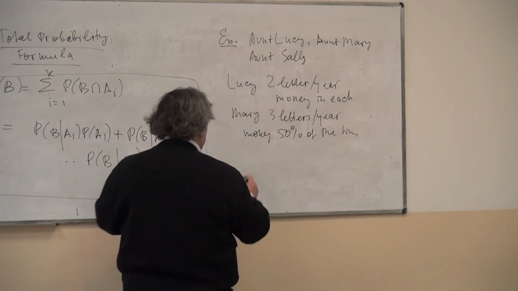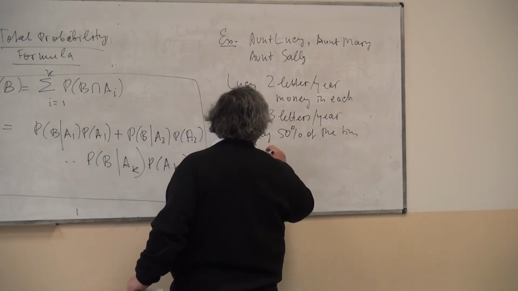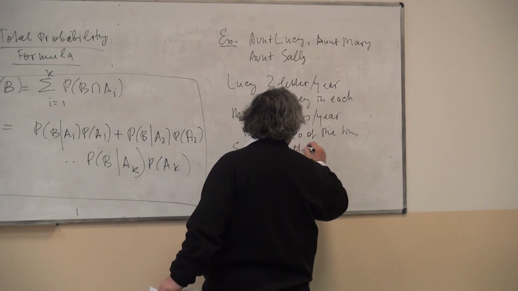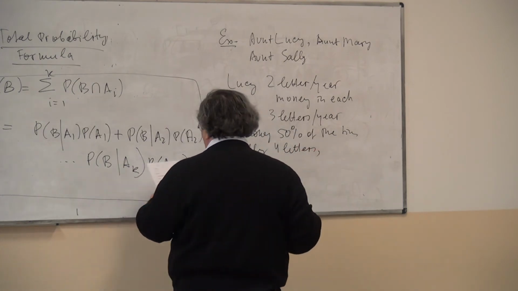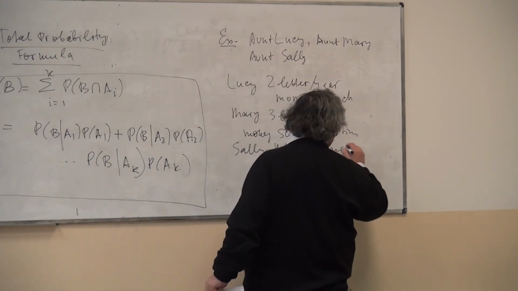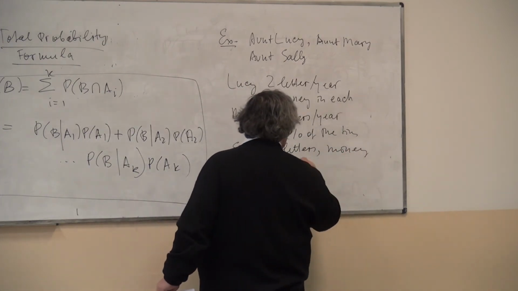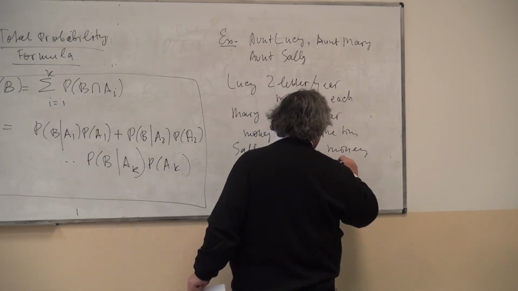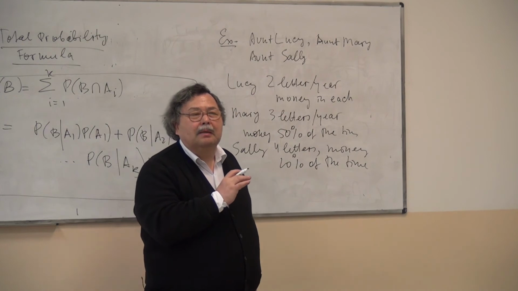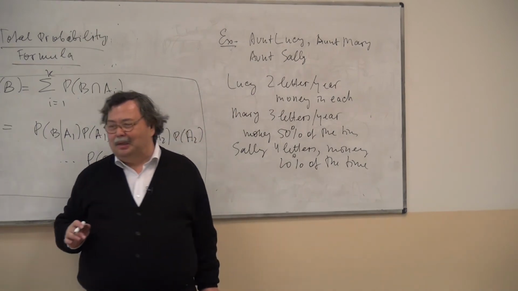And Aunt Sally sends 4 letters a year, and her letters contain some money 20% of the time. Okay? Is this setting clear? Is it a familiar situation or not?